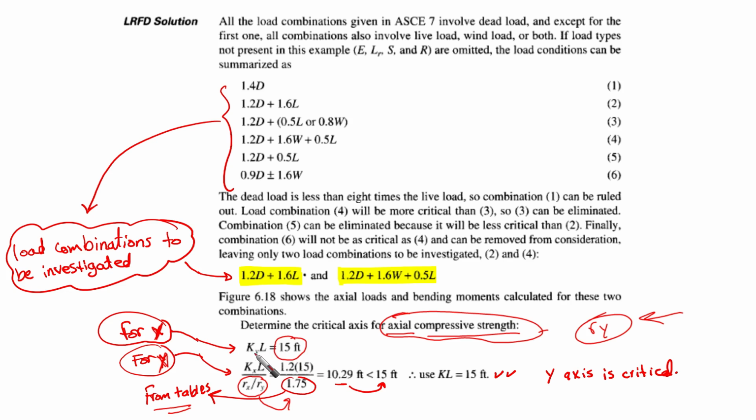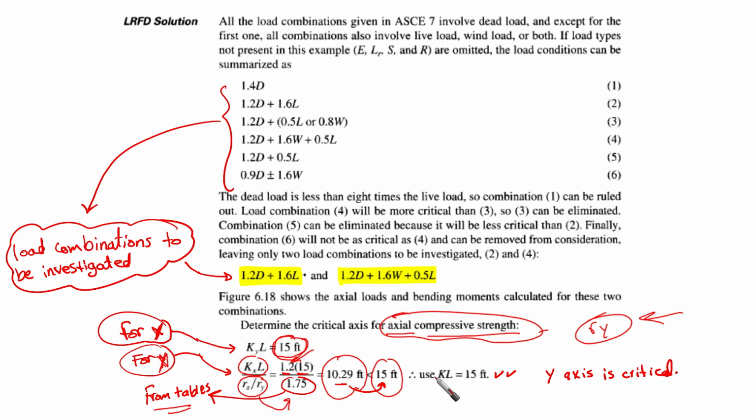So we have KyL equal to 15. However, for KxL, it equals 1.2 times 15, because we have Kx as 1.2. This would equal 10.29 feet, which is less than 15.